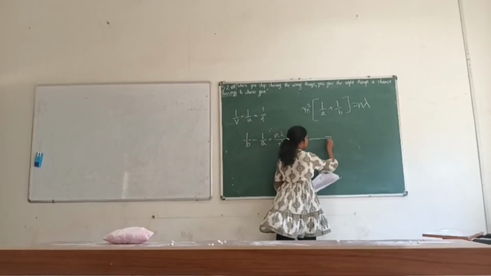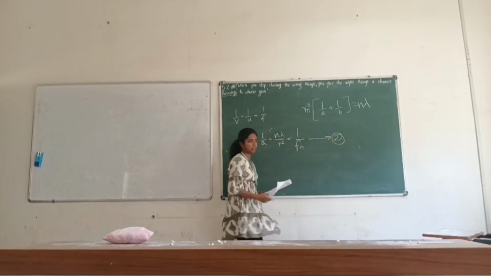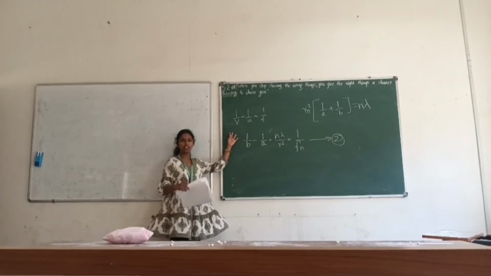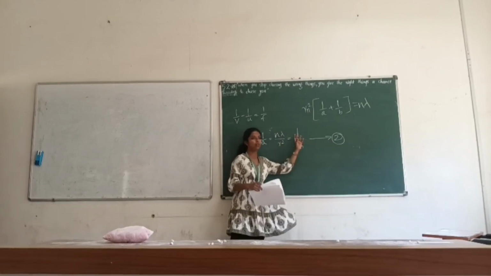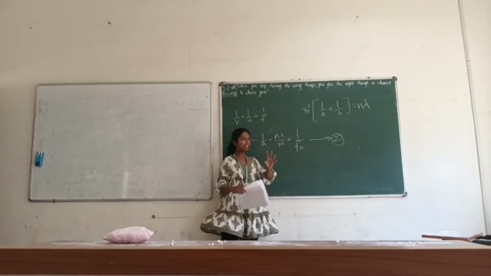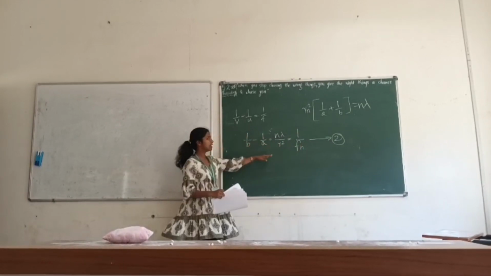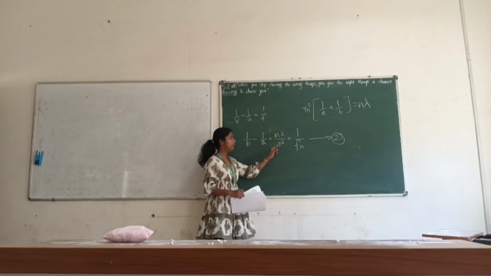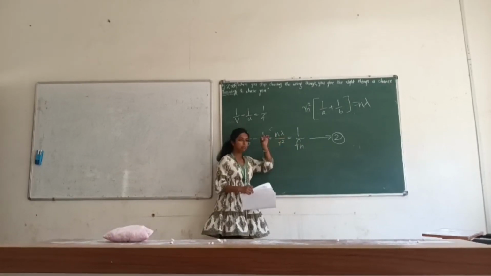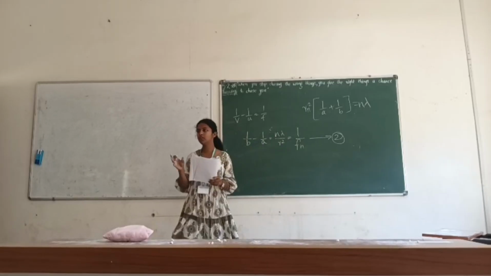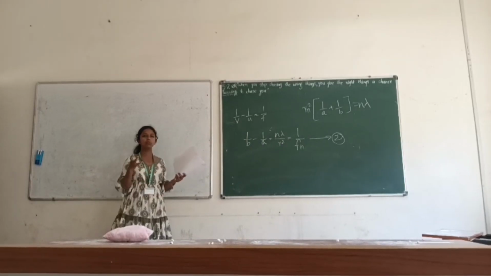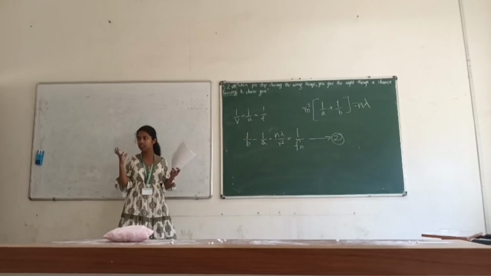So by using the sign convention equation, we substitute the values found from the salt plate and generalize the equation as 1 by B minus 1 by A is equal to n lambda by R square, which is equal to 1 by f. So the salt plate also acts like a converging lens.